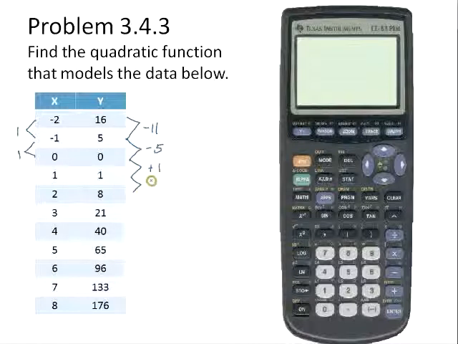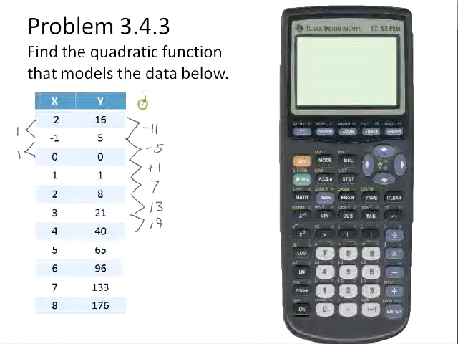Then 8 minus 1 is going to be 7. And 21 minus 8, my brain went numb here, I guess that's going to be 13. Let me just do one more. You can see the pattern here. 40 minus 21 is going to be 19.